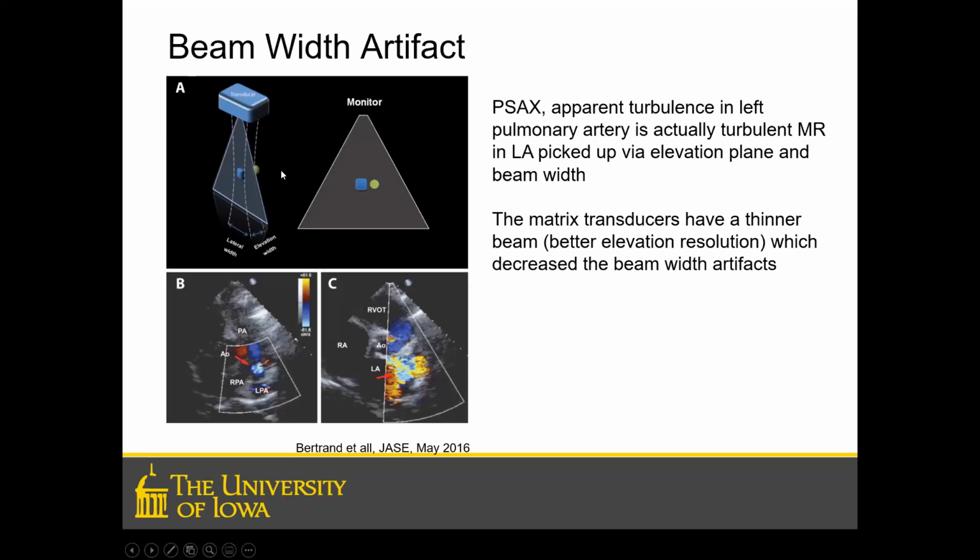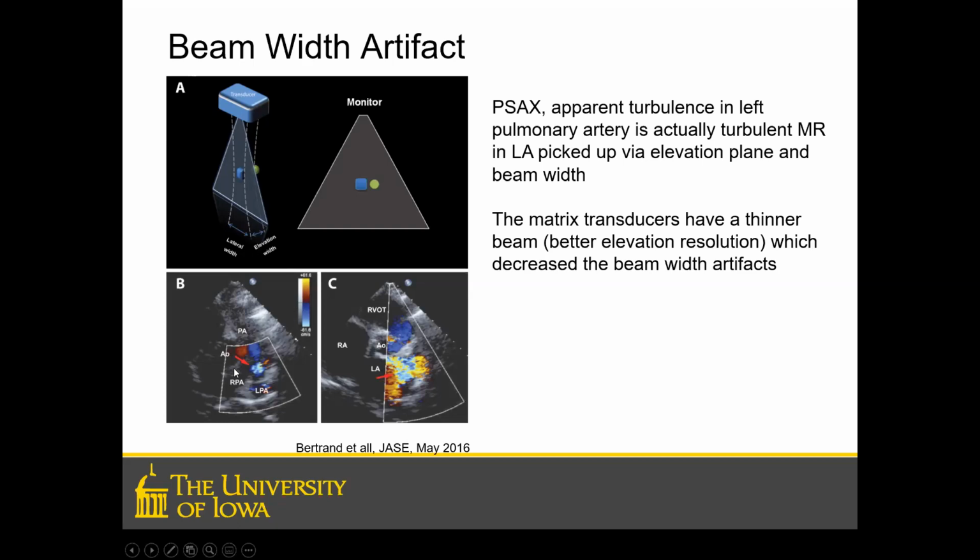That's why it gets better. But slice thickness artifact, if you have any trouble understanding what that is, and you're familiar with reading CTs, it's the same thing as partial volume in a CT. So we have a structure that is outside the primary beam, and the beam is picking it up and displaying it as if it's in the beam.